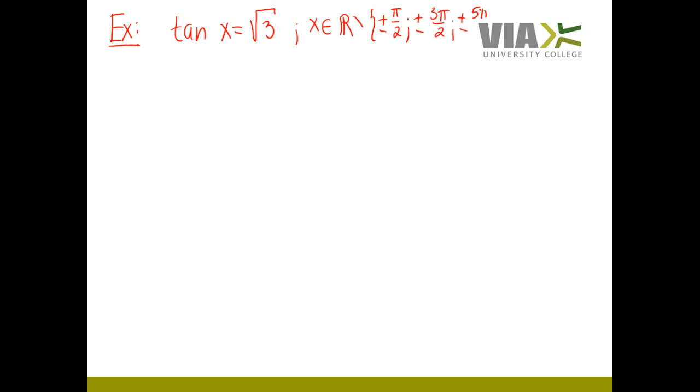The example I have chosen to include is the trigonometric basic equation tangent x equals square root of 3. And as always, we have to look into restrictions on our variable x. x belongs to all our real numbers except plus minus pi over 2, plus minus 3 pi over 2, and so on and so forth.